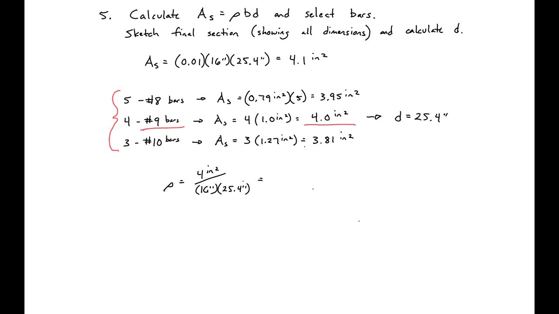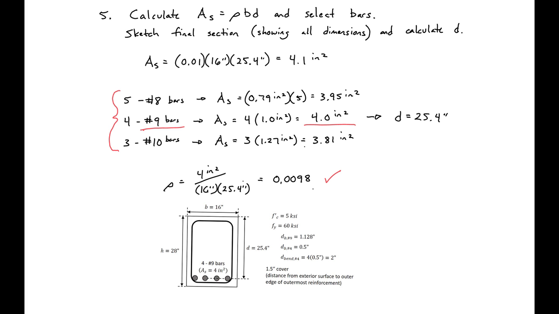And we'll find our row is equal to 0.0098, which still falls between our range of our row min and our row tension controlled. So we know that we're okay here. And then the final part of this step is to sketch our actual section, which I've done here, and we'll use this sketch in the upcoming steps.